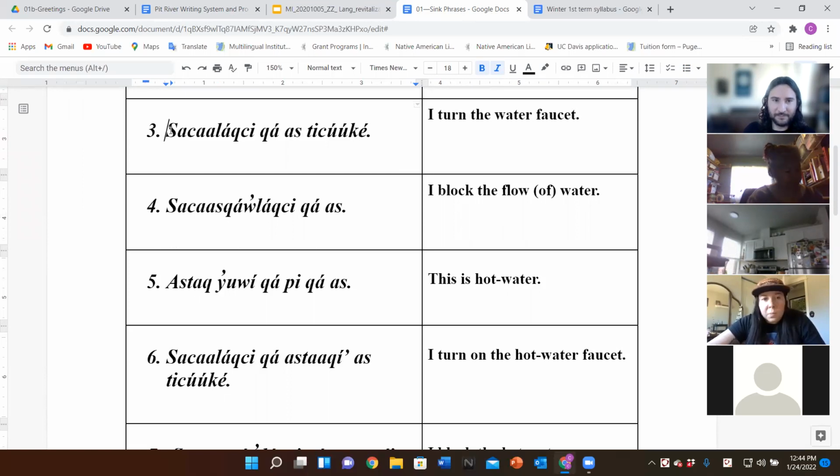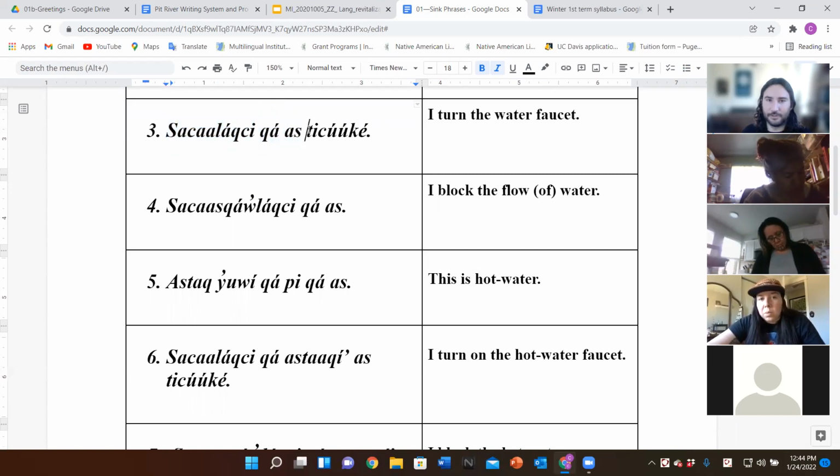All right. Okay, so a little bit longer. So this is sajalakji ka as dejuke. So sajalakji is like, I'm turning something. And then ka as is the water.